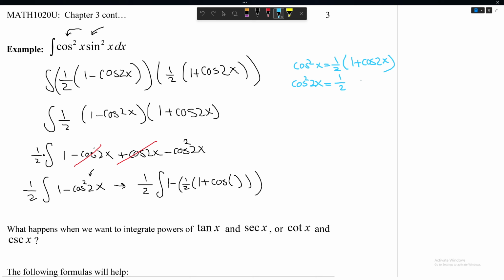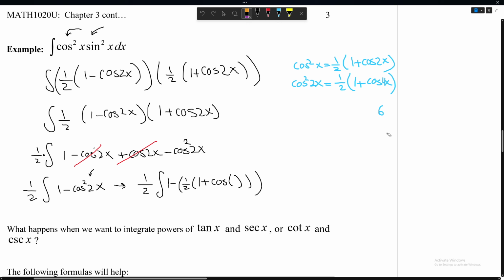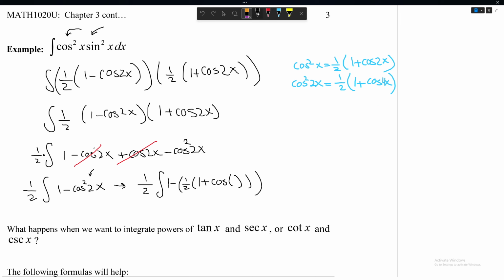It doubled. So what I can do is 1 plus, because I have 2 here, that means my cos is 4x. Okay? And so if you have 3, it'll become 6. If you have 9, it'll become 18, and so on. So it just doubles, don't forget. If you don't really need to understand the logic, I shall keep it, just in case you want to look at it. Okay, so what happens here is because we have 2, it becomes 4x.